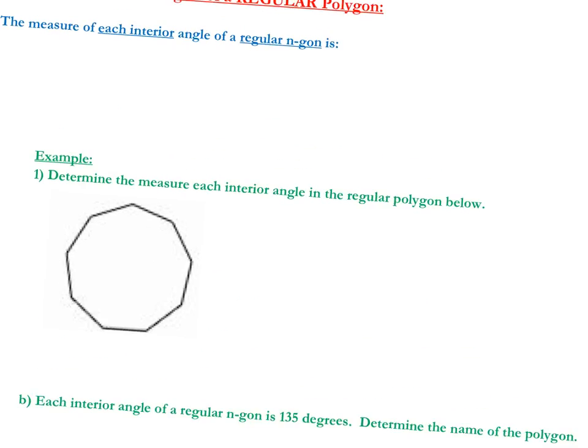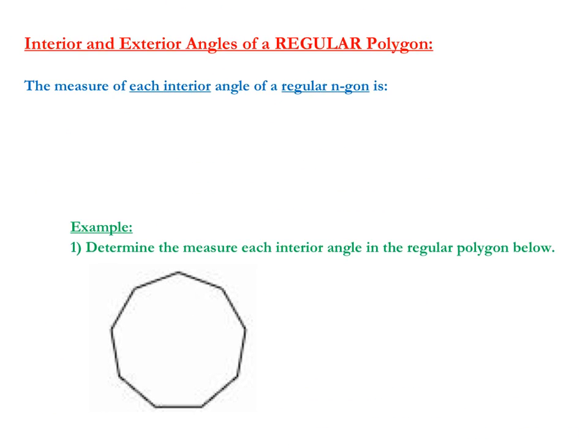Okay, so the measure of each interior angle, so that means the measure of each individual angle of a regular polygon, has a special formula. So remember, the sum of any polygon's interior angles is n minus 2 times 180.